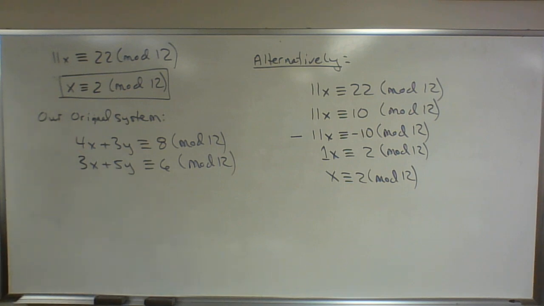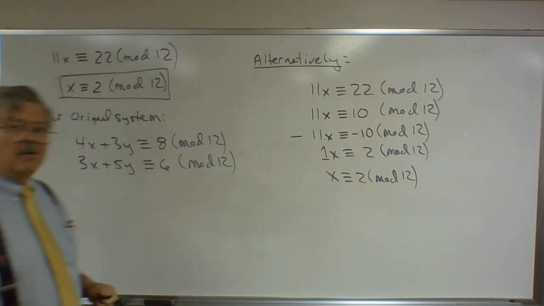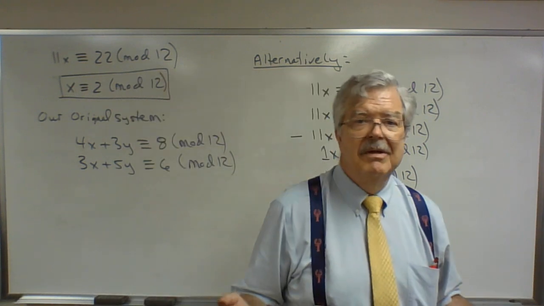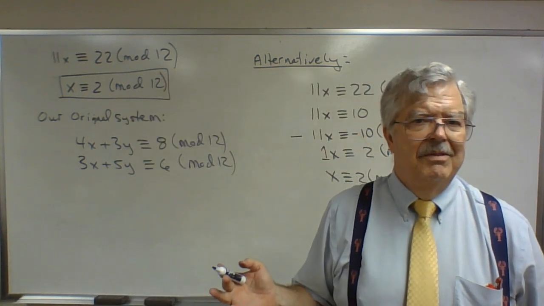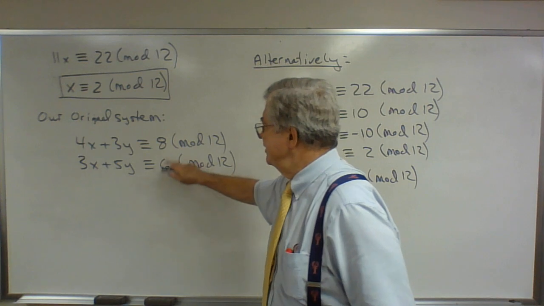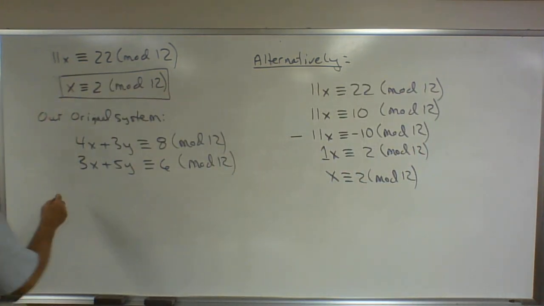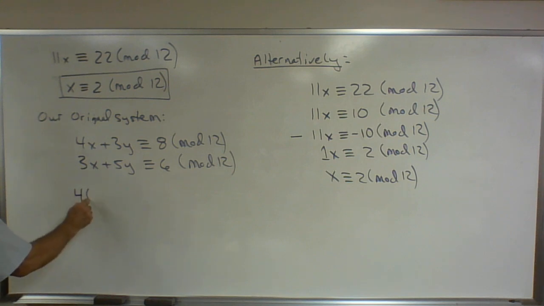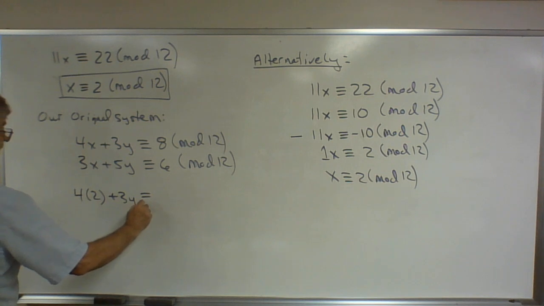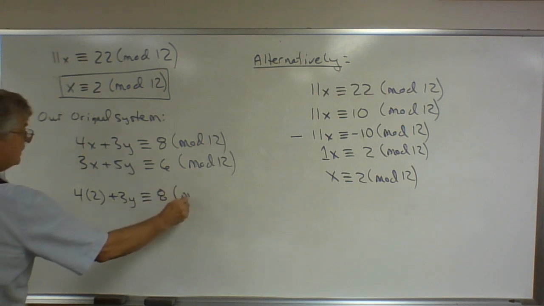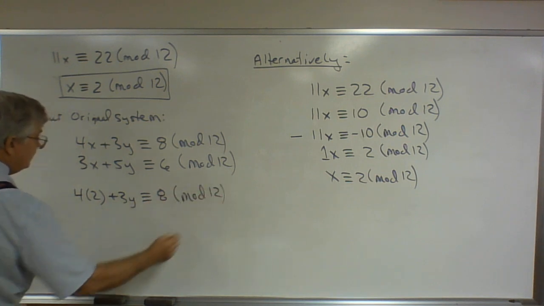Okay. We're guaranteed that we have a unique solution. And we know what x is. It's 2. We can use either of these equations to find y. So let's see. 4 times 2 plus 3y is congruent to 8 mod 12.